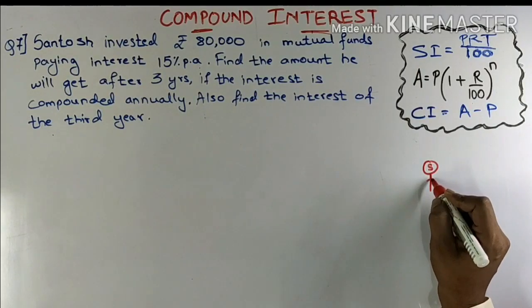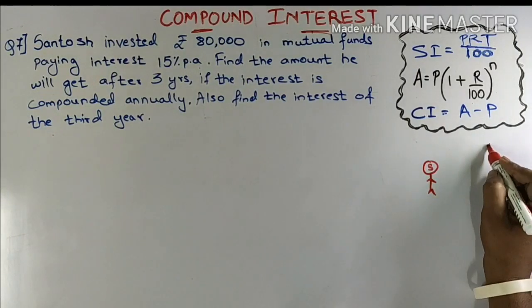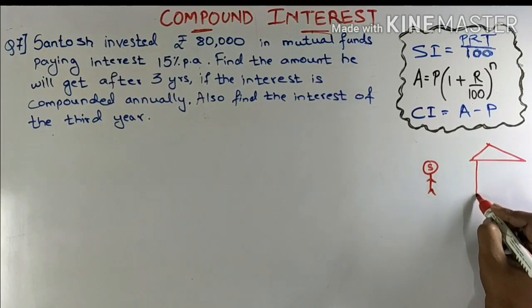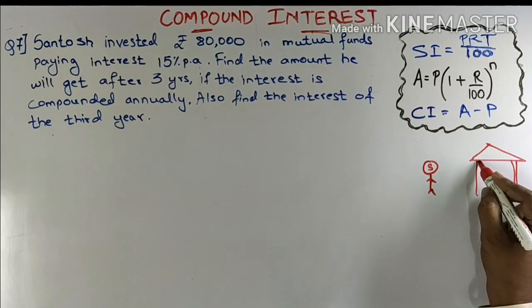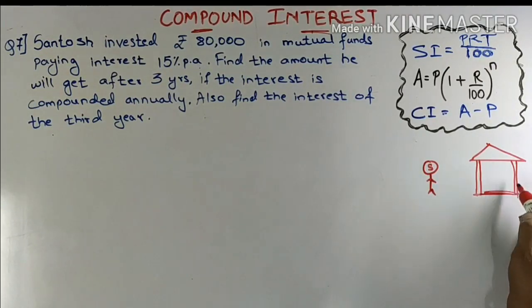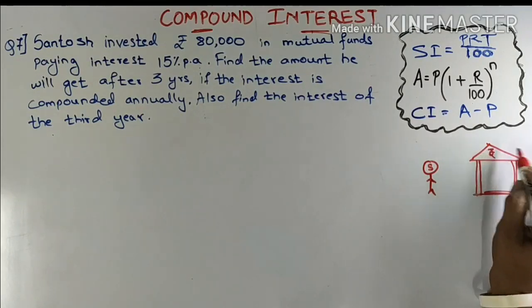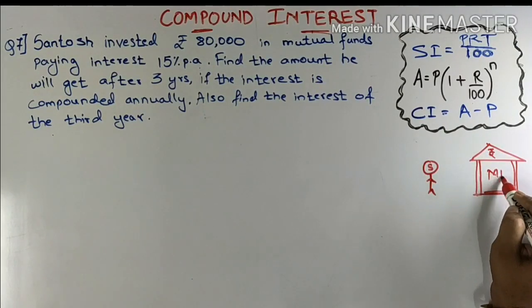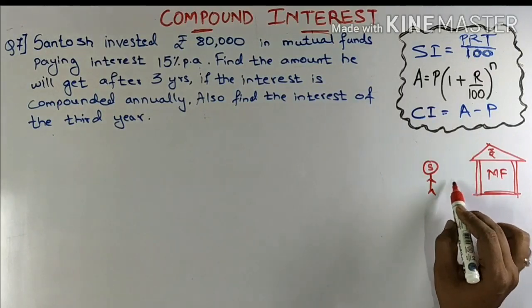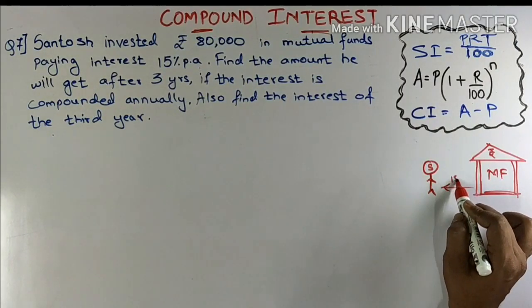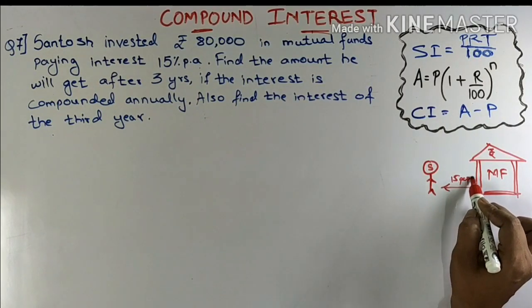Santosh, who has invested a certain amount of money in an institution of mutual funds which gives him interest at the rate of 15% per annum.